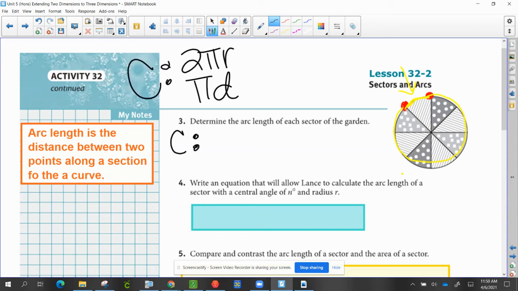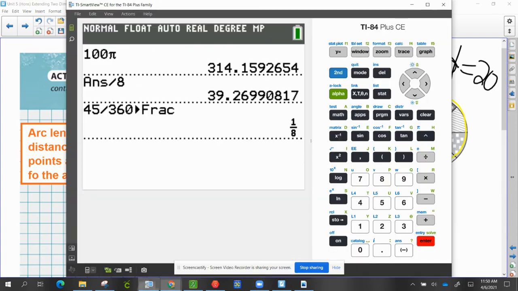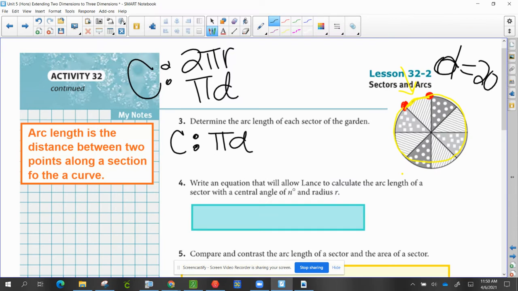Now remember, they told us our diameter here for this picture on page 1 was 20. So I'm probably going to use pi times diameter since we have that. So again, using my calculator, 20 times pi would be our decimal, 62.8 roughly.